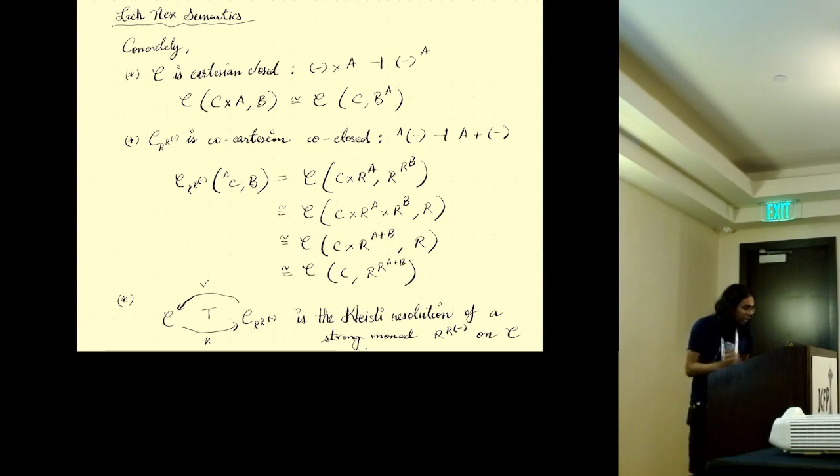So I'll start from a Cartesian closed category C, which means products have right adjoints, and these give you functions.